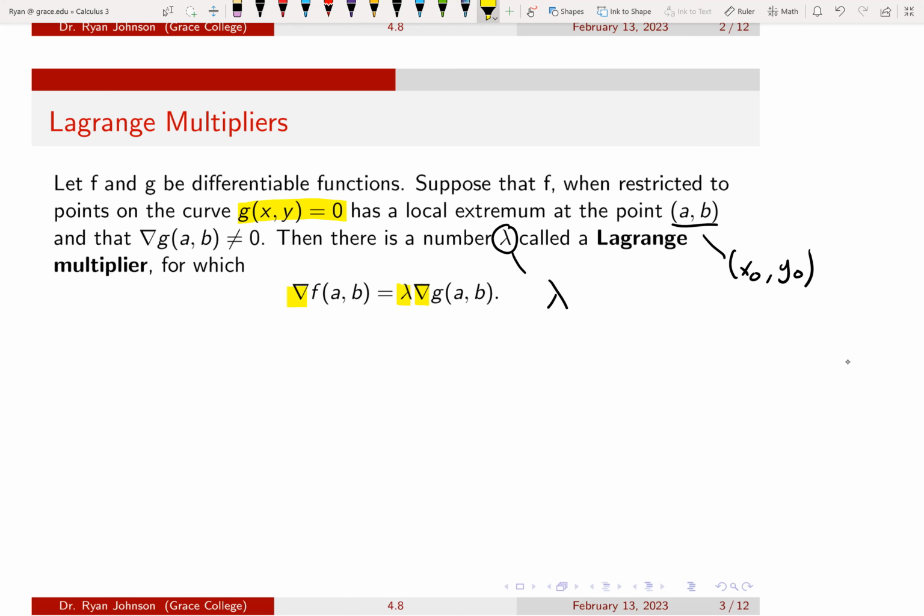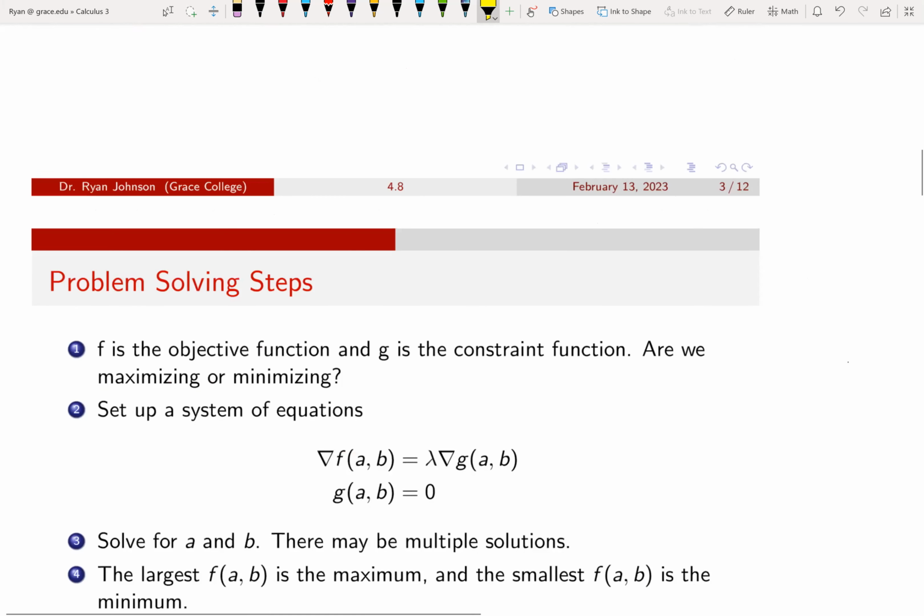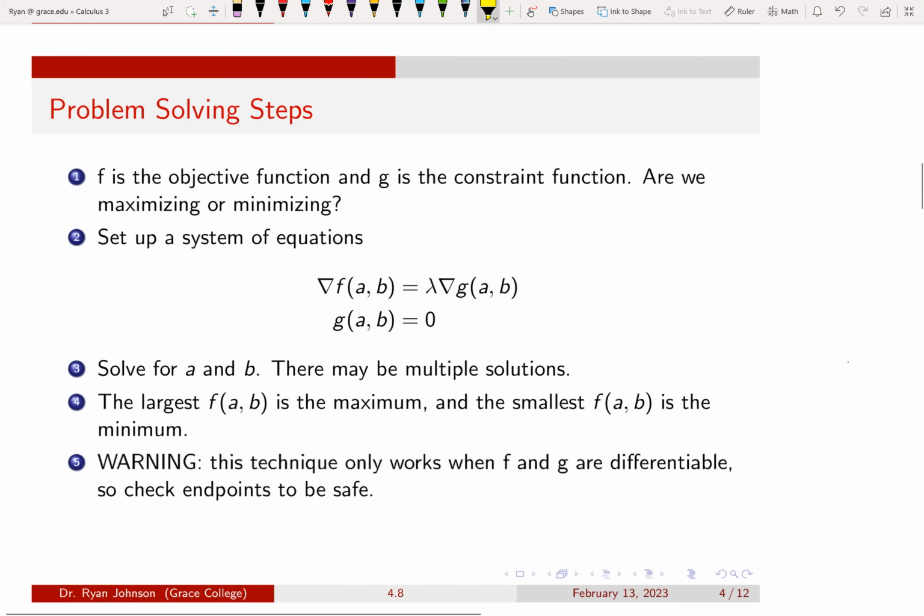We're going to take this optimization problem where we want to find a local maximum or local minimum, hence the word extremum here. And we are going to turn it into an algebra problem by setting g(x,y), our constraint, equal to 0, and then we're going to solve this equation for some unknown lambda.